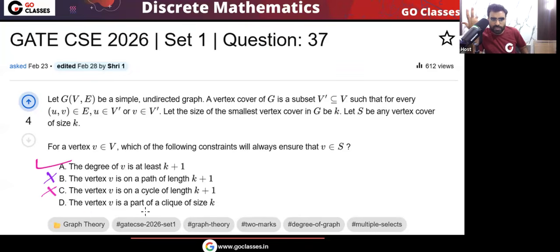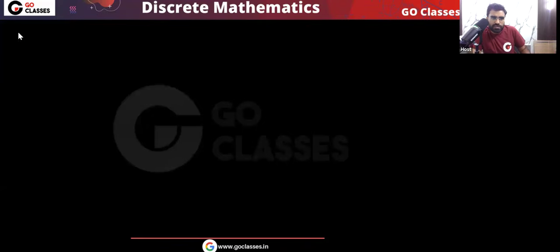The vertex V is part of a clique of size k. For this option D also, you can easily find a counter example. What is this option D saying? This is saying that V belongs to a clique of size k.